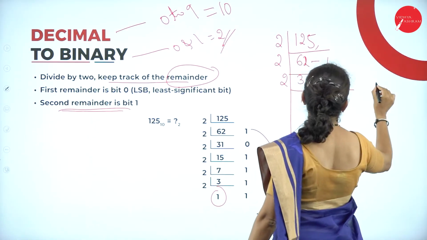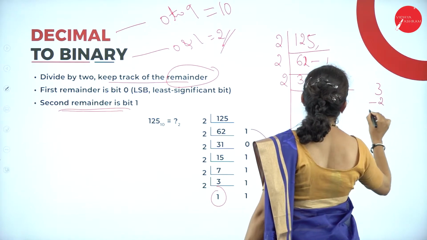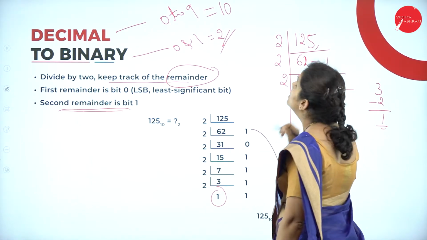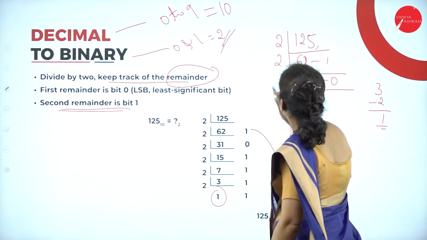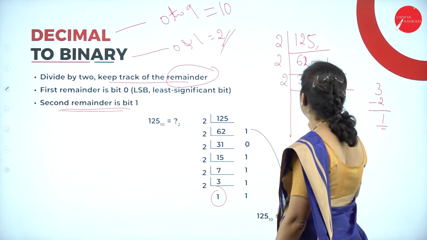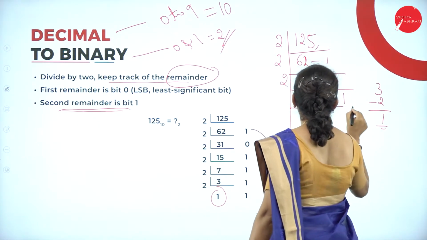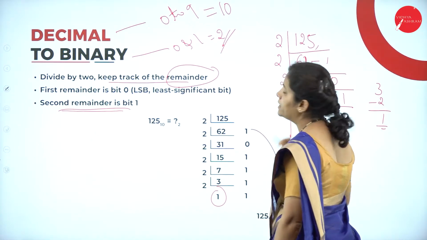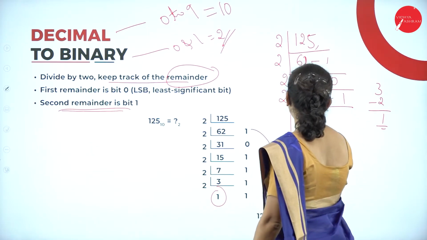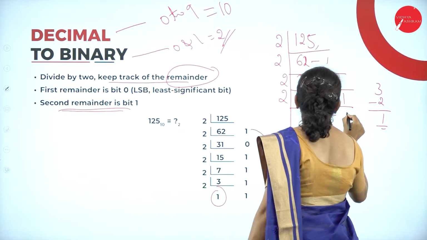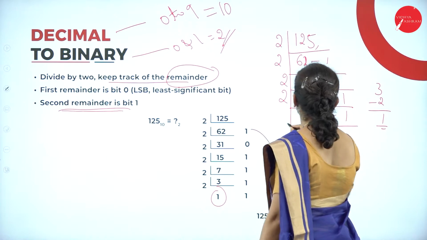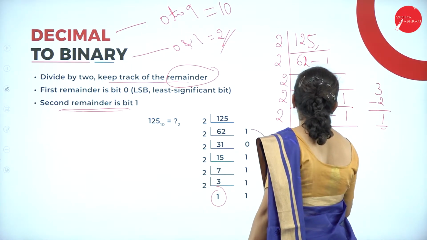That is 3 minus 2. It is 1. So, it is 1. I have 2 5s are 10. 1 is the remainder. Once again, divide 15 by 2. 2 7s are 14. 1 is the remainder. Then 2 3s are 6.